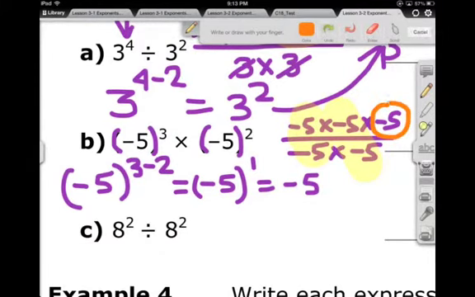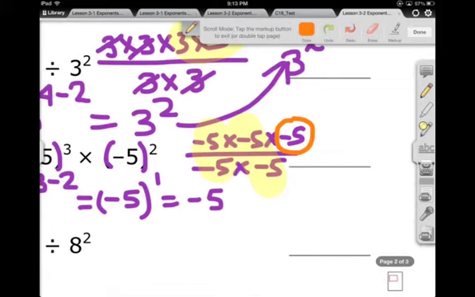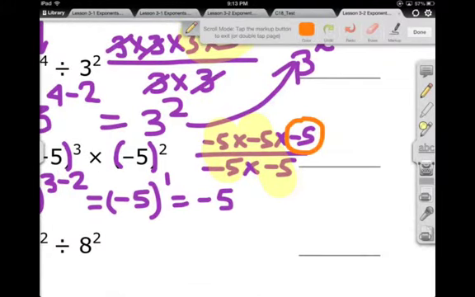There's just one of them left. Your final answer? -5. There you go. You could say -5 to the first power, but it's just a -5.